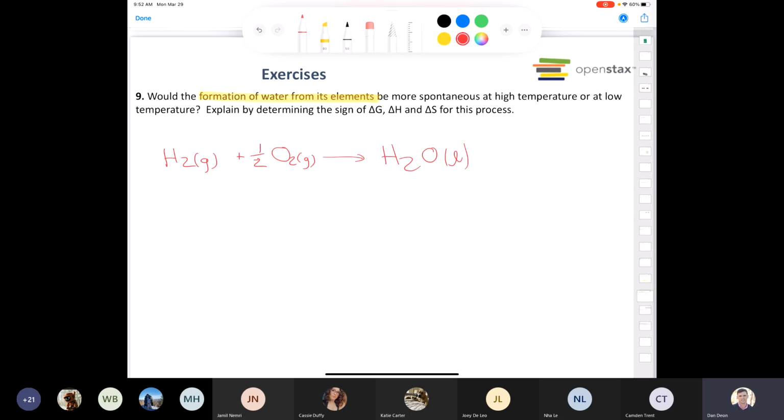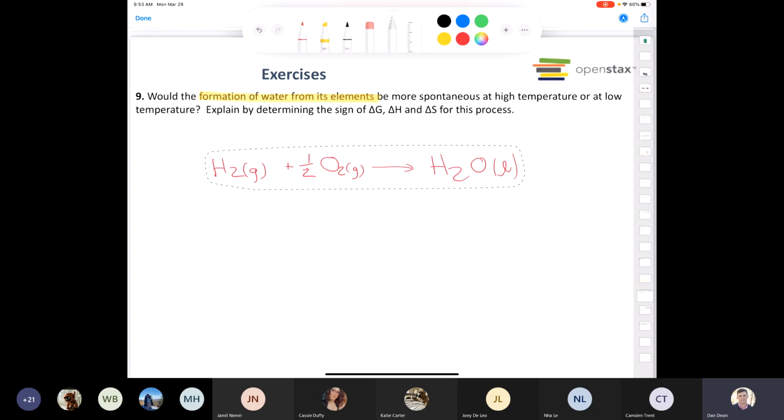Now, I have another question for you. Okay? Really think about this one. And you might have to go back a couple of slides, but we talked about this in the first class, I believe, that we did on this chapter. This reaction here, if I take hydrogen and I combine it with oxygen to make water, is this an endothermic reaction or an exothermic reaction?